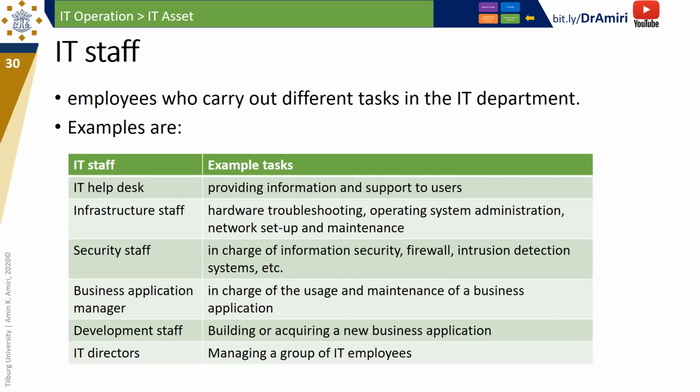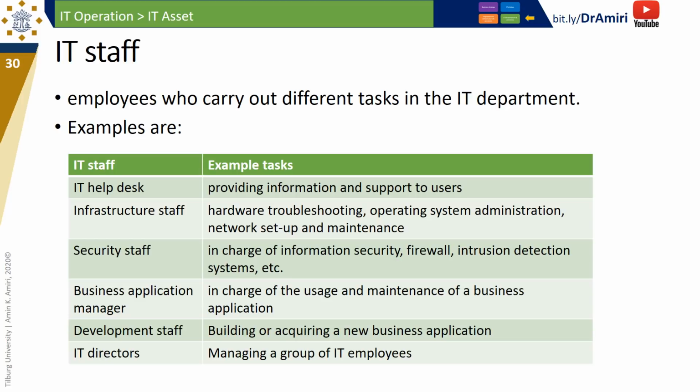Another IT asset is IT staff, employees who carry out different tasks in the IT department. Examples are the IT help desk, who provide information and support to users, like you and me at the university. Infrastructure staff, who manage hardware, networks, and operating systems, troubleshoot them and maintain them. Security staff, who are in charge of preventing and responding to IT attacks.